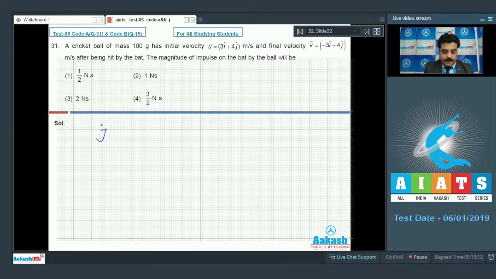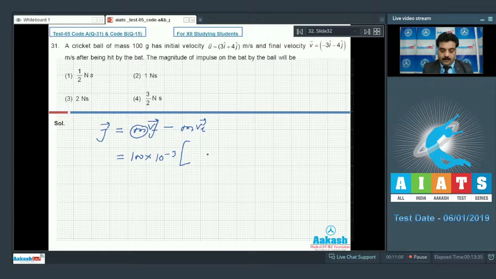If I go for the impulse momentum theorem, then I need final linear momentum minus initial linear momentum. I need the mass, which is 100 gram, so I convert it into kilogram and take mass common.